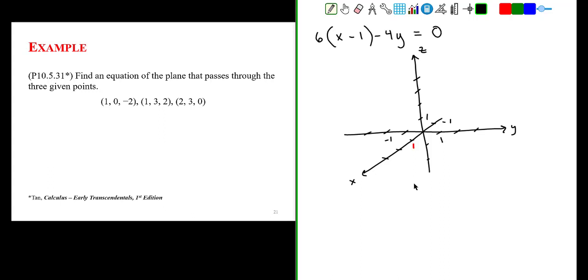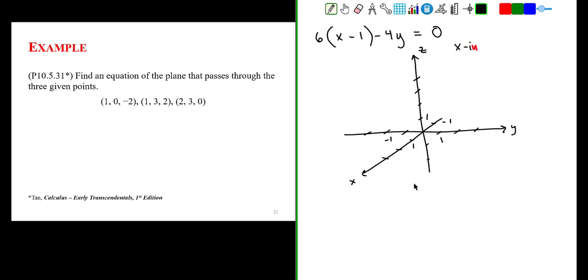Since I have 2 coordinates that are left over, the x and y, I know that this plane is not going to pass through the z-axis. There is not going to be a z-intercept, but a line normal to the plane will be perpendicular also to the z-axis. So I'm only going to look at the x and the y-intercepts.